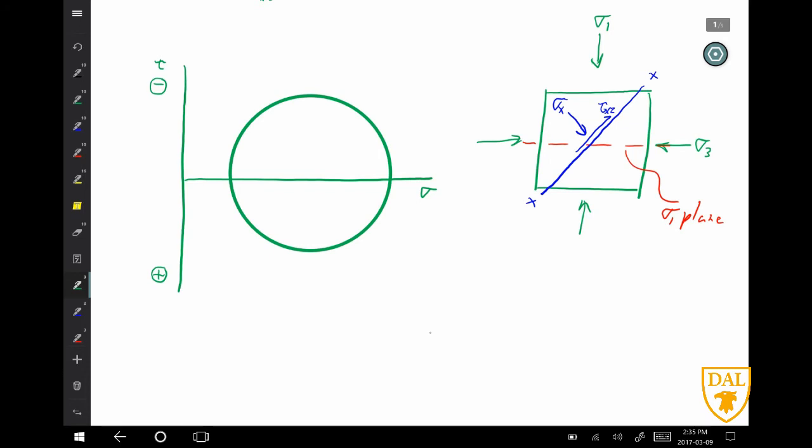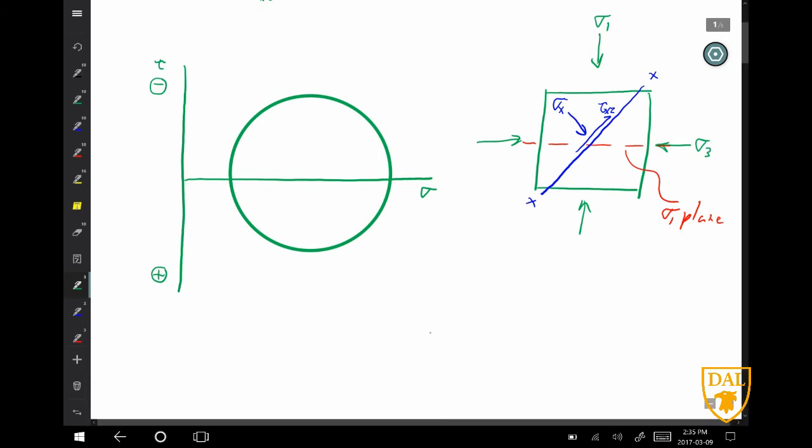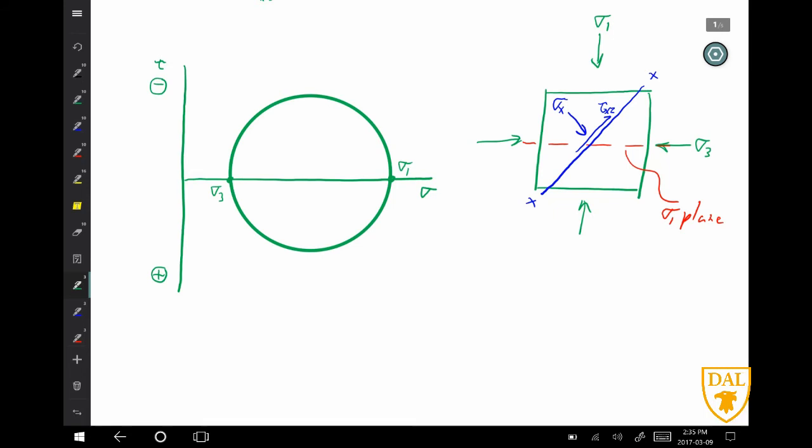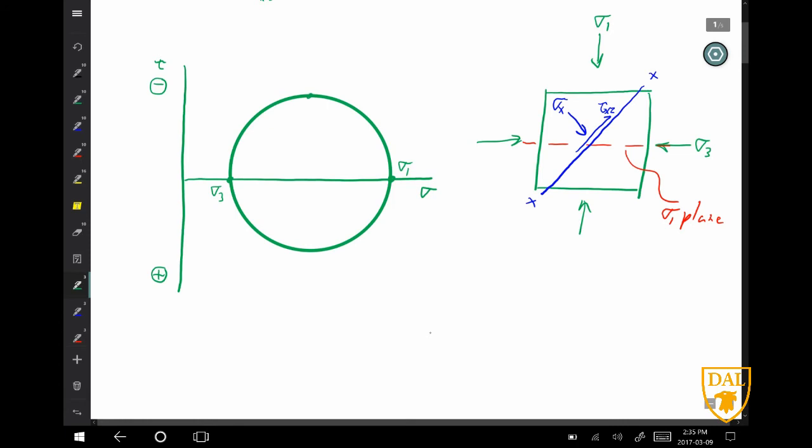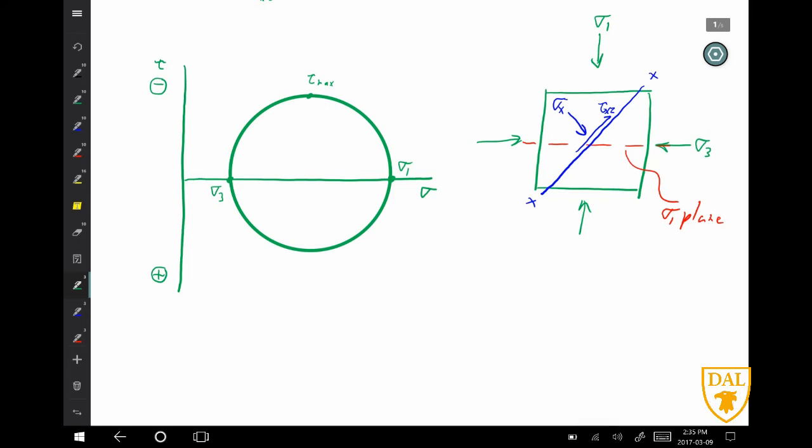So the sigma 1 value acts over here. And sigma 3, the minimum principal stress, over here. So those are your maximum and minimum principal stresses. And the maximum shear stress, tau max, acts at the apex of the circle.